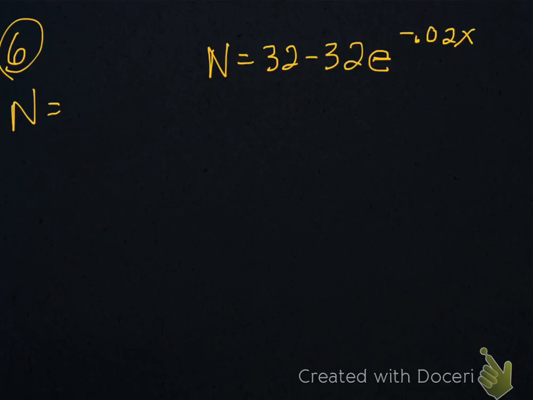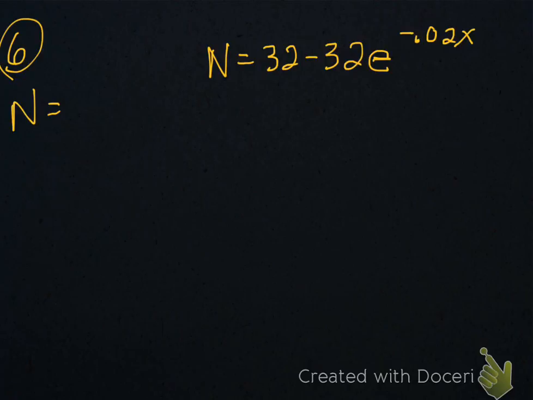Number 6. Number 6 is a crazy problem, but it's actually super easy. So we have a college math class of 32 students. And then there's information telling us that the professor cancels the exam, and then he has this equation that'll tell him how long it takes to get the word out to everybody that it's been canceled. And they said, after how many hours will half the class be notified?